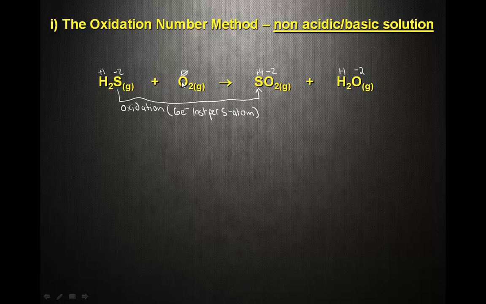Now we look at the next one, and if we've got an oxidation, we need a reduction somewhere. So I've got oxygen, and it doesn't matter which oxygen you go to because they're both -2. I'm just going to go all the way over to here, like that. So this is going to be the reduction half of the redox reaction.